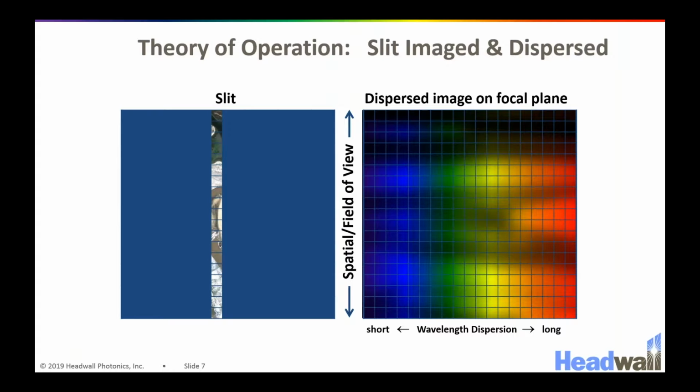But we are dispersing the light, so each of these spatial pixels is dispersed spectrally from blue, green to red, and we get a spectrum for each of these spatial pixels. Our standard spectrometers will often have 640 spatial pixels. That's why I say it's like having 640 spectrometers in one box.